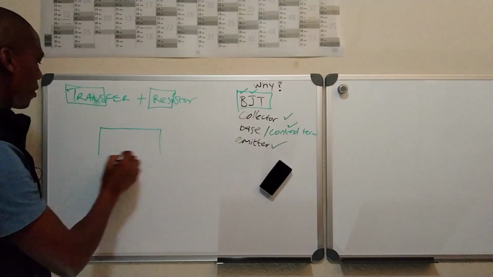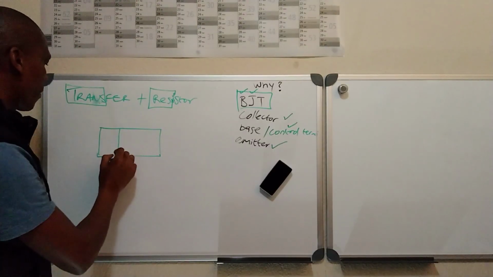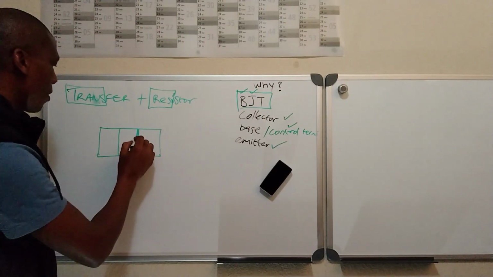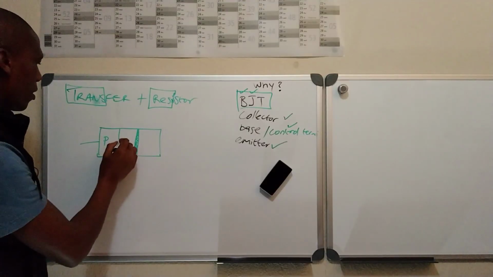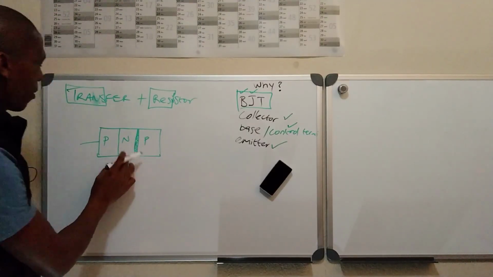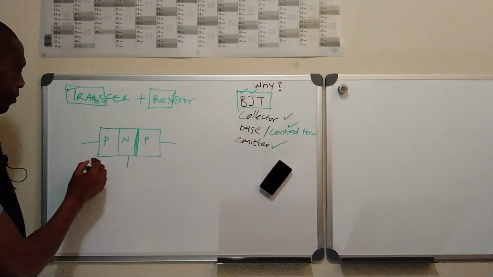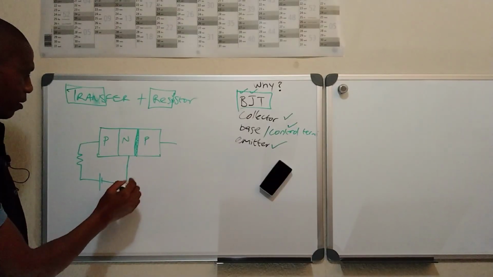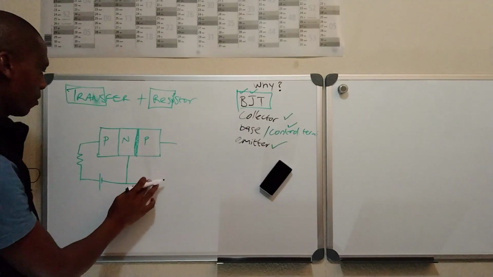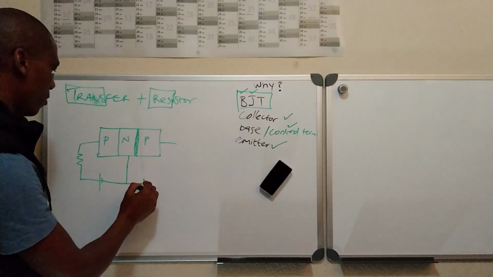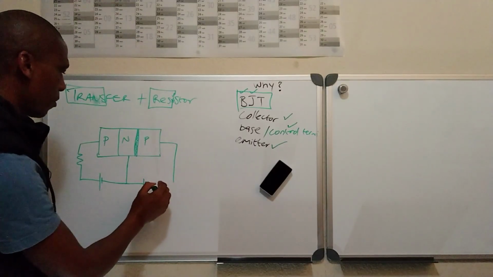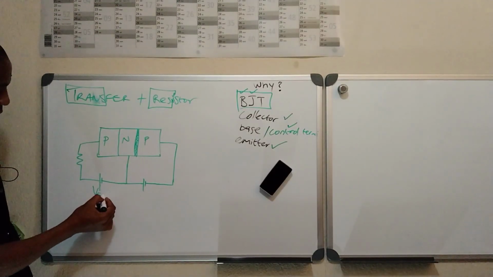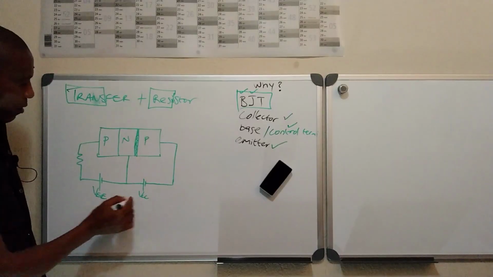If you take a look at the internal part of the transistor, this one I'm going to make a little bit larger than that one. Take a PNP. If you have a look at this junction, this is VEE, this is VCC.